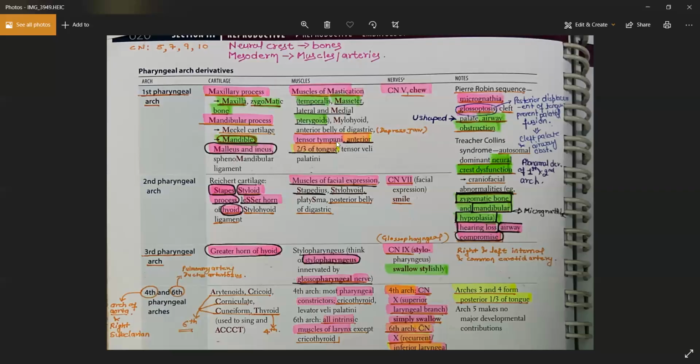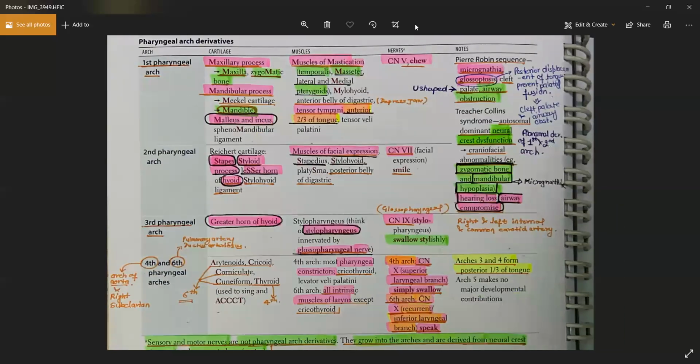And the anterior two-thirds of the tongue is also formed by this first pharyngeal arch. If you cannot remember all these names, you can just remember the mandibular nerve. What structures this mandibular nerve supplies are all derived from the first pharyngeal arch. Any doubt, please ask.